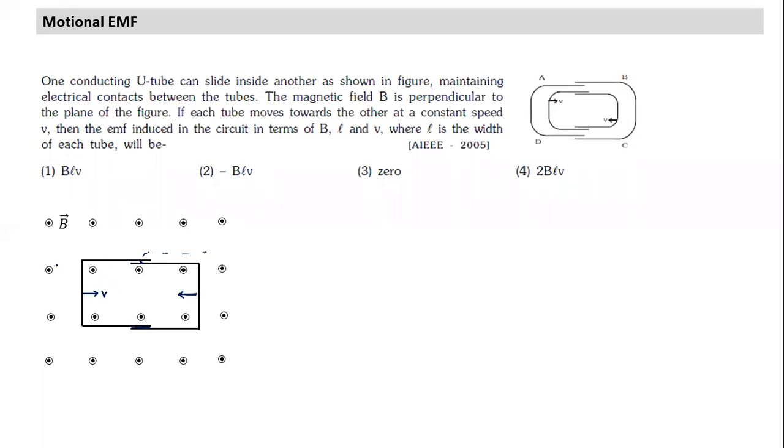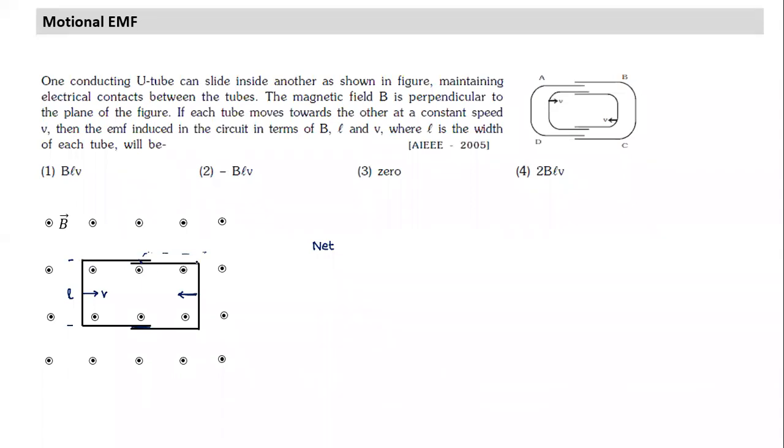BLV. All the rest of the terms are standard. And this time I will not spend too much time. In the previous case we have seen, when both are moving in the same direction, the EMF becomes a difference. When they are moving towards each other, the EMF will add up. So what will be the net EMF in this particular case? How do I calculate? I take four sides.